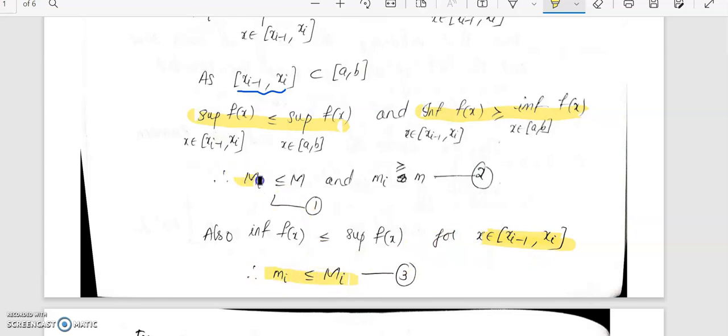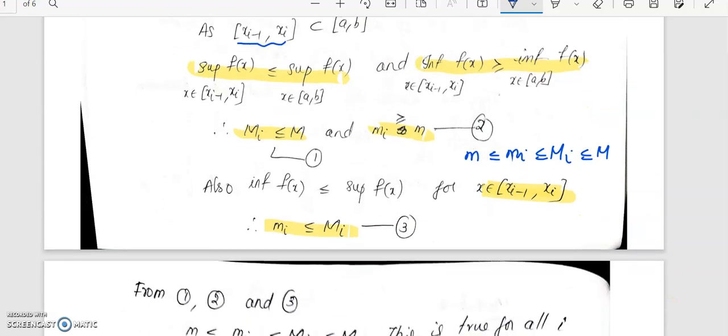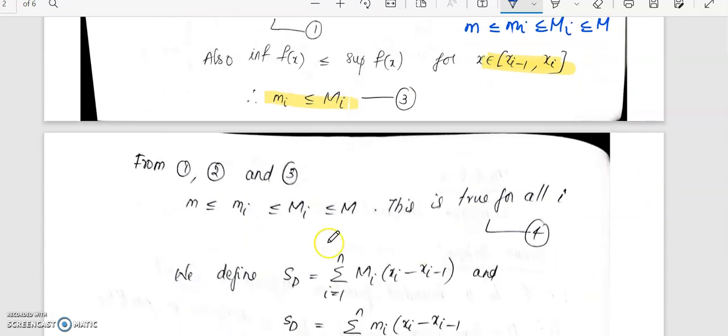So capital Mi will be less than or equal to M. Then mi is greater than or equal to small m, and each small mi will be less than or equal to capital Mi. Combining 1, 2 and 3, we are going to get the order: the smallest is m, then less than or equal to mi, less than or equal to capital Mi, less than or equal to M. Combining 1, 2, 3, we get this inequality.